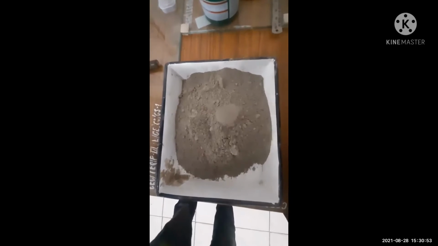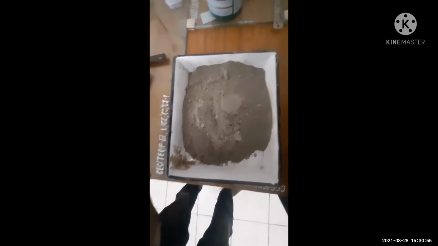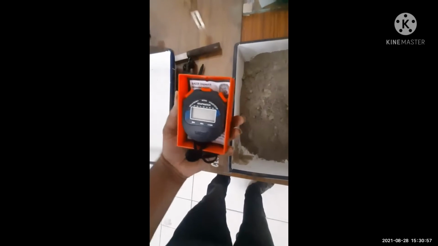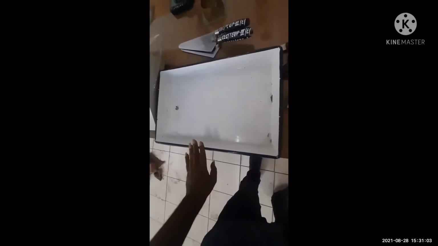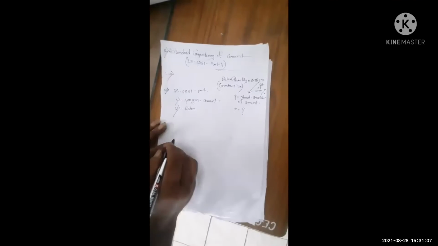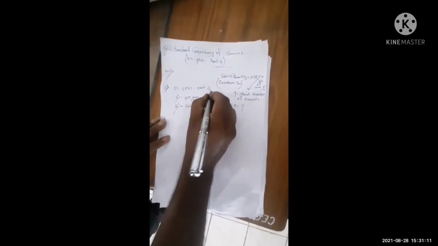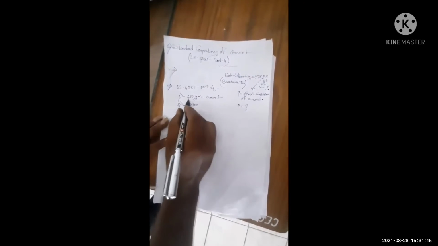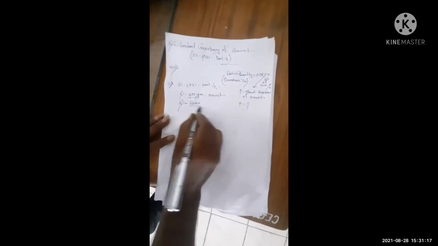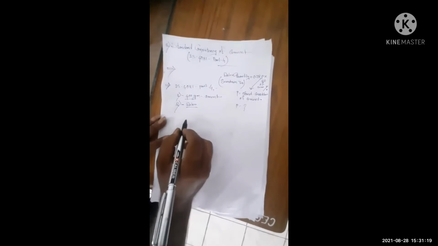Now the other parts to conduct this experiment are a stopwatch, and here you can see a enamel tray for mixing cement and water. According to Indian Standard 4031 Part 4, to conduct this experiment, we have to take 400 gram cement and add some quantity of water.